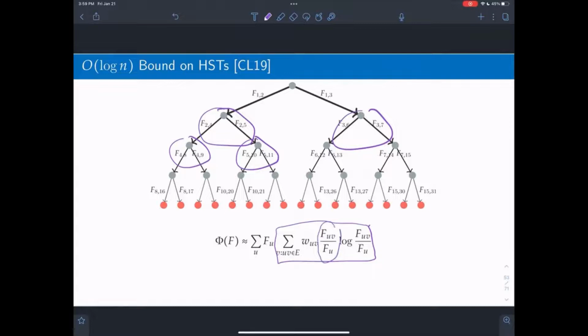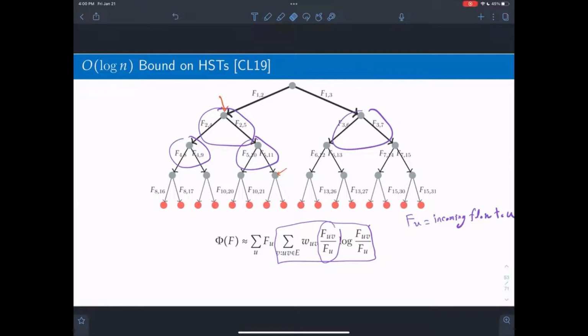I forgot to tell, this f_U is the incoming flow to U. Since this is a tree, the incoming flow just comes from the parent of that node. So the incoming flow to this node is exactly f_12, to this node is exactly f_511, and so on.